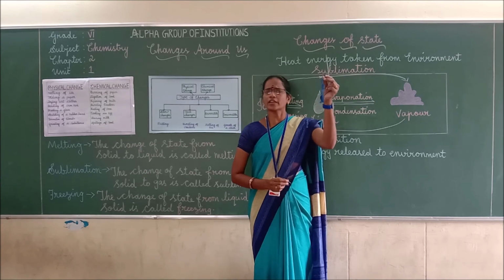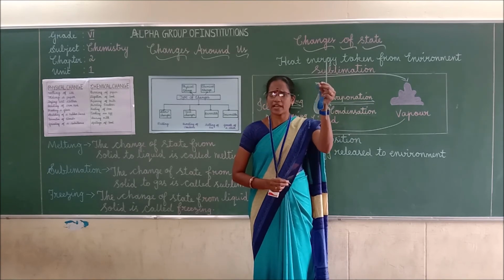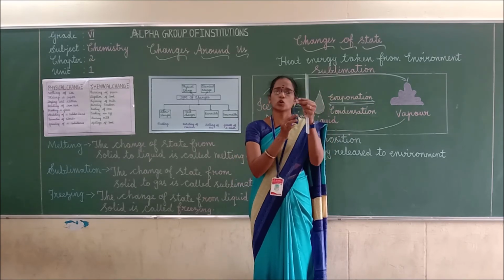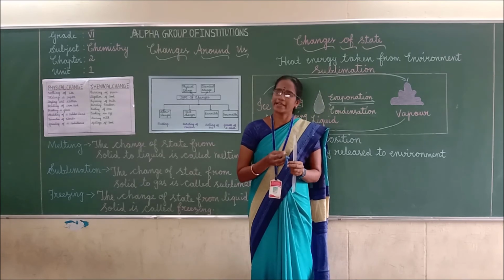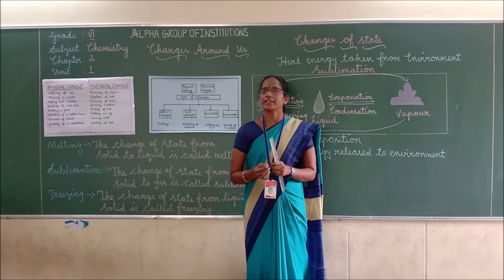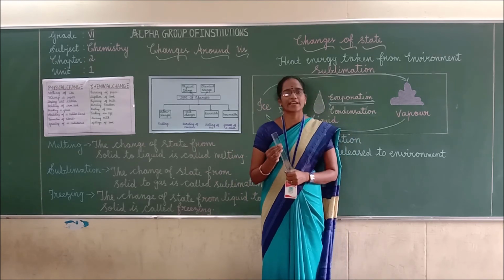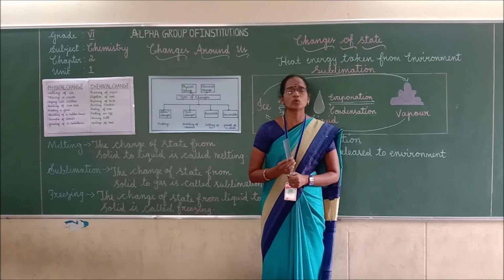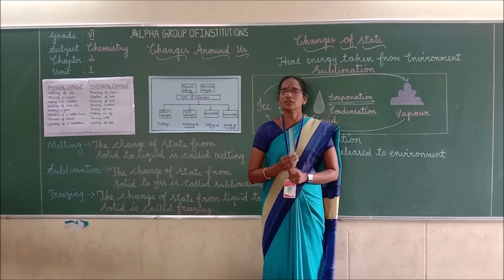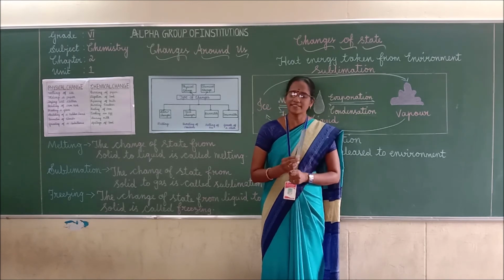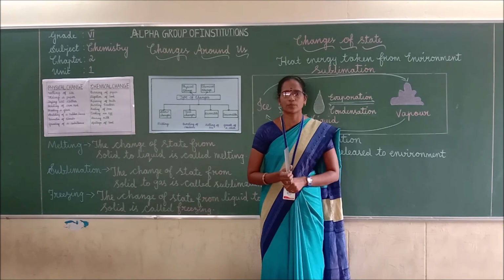Here, it will not come back to its original position and shape again. So this is an example for irreversible change. An irreversible change is a change which cannot be changed back to its original position, shape and size.